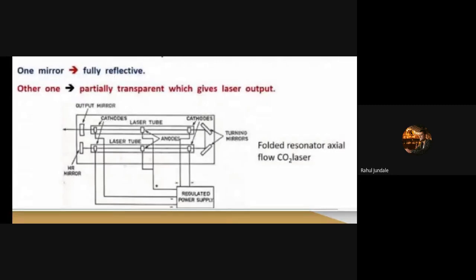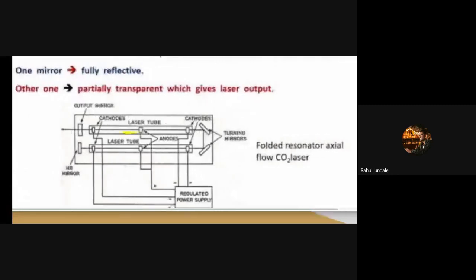When the light comes from this tube, it gets reflected from this turning mirror, and then reflected again, and then it comes to the other tube, where again the production of photons takes place. After that reflection, finally a part of the photons comes out of the output mirror here. Through this you will get the laser.